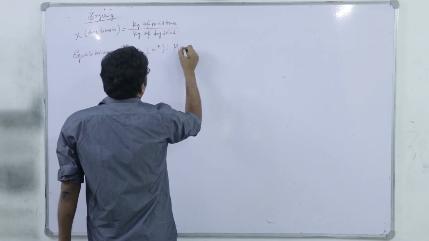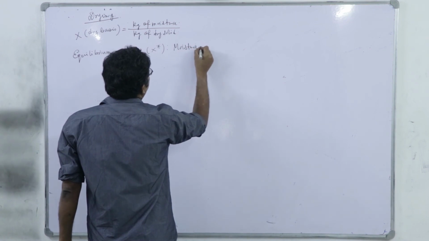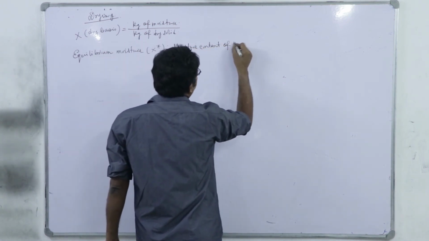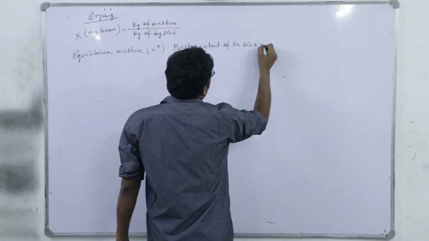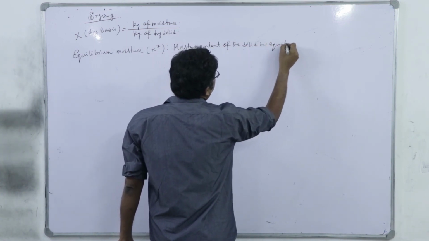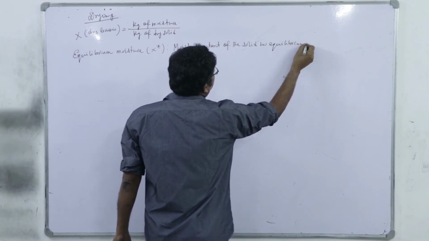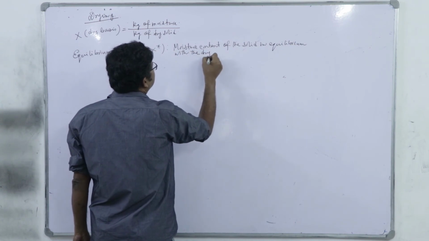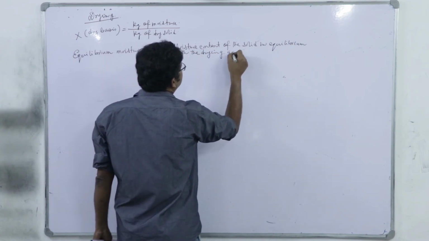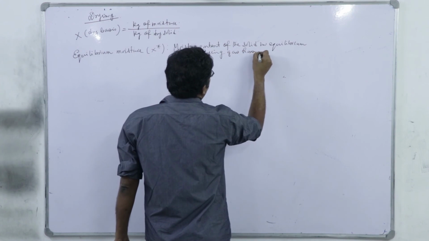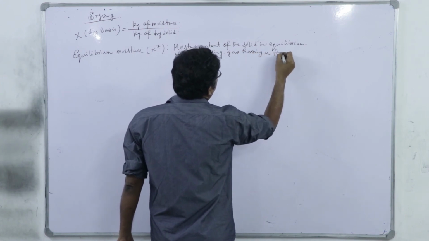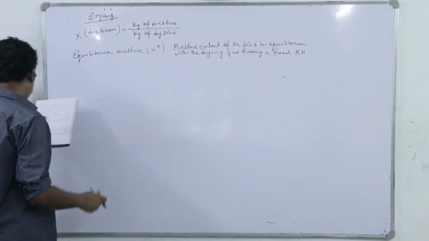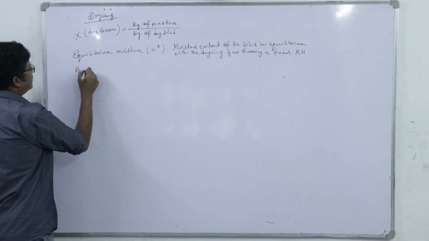So, this is simply the moisture content of the solid in equilibrium with the drying gas having a fixed relative humidity. Next is the bound moisture.